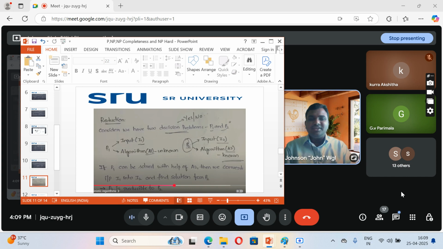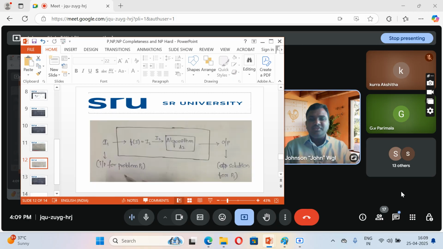Then how do we change the input? There are some functions. Whatever functions you want to use, you can use them to change input I1 to I2. If you see this example, for problem P1, the input goes through a function f of I, which transforms I1 to I2. Then I2 is entered into algorithm A2, and we get the solution of P1.